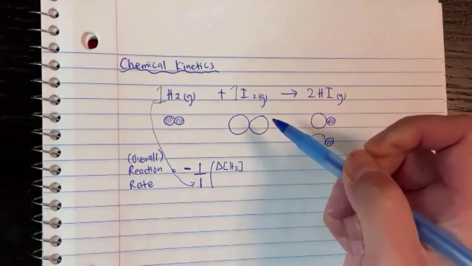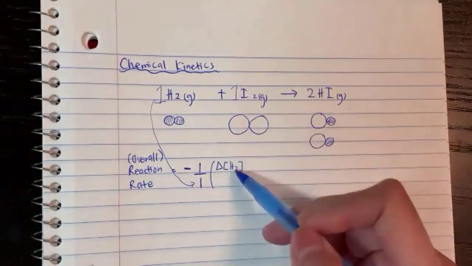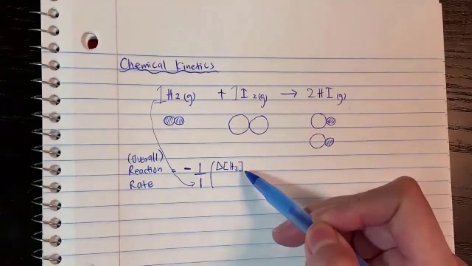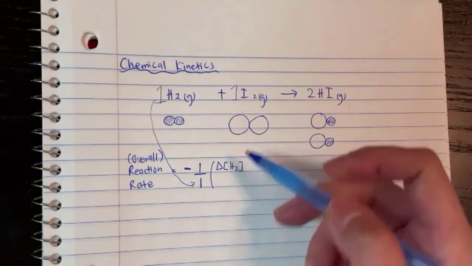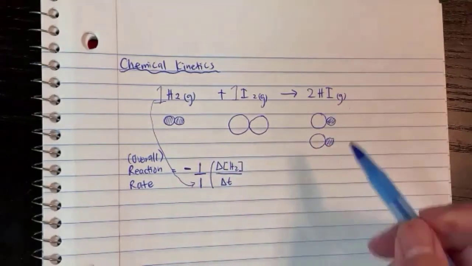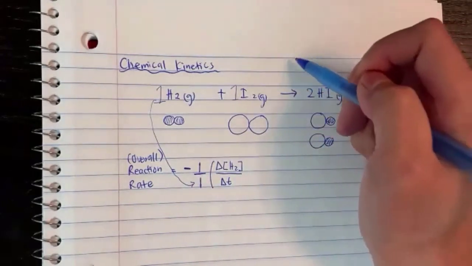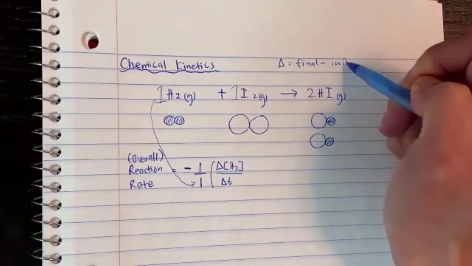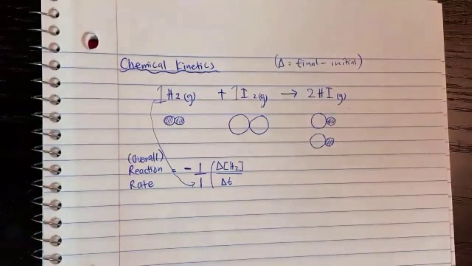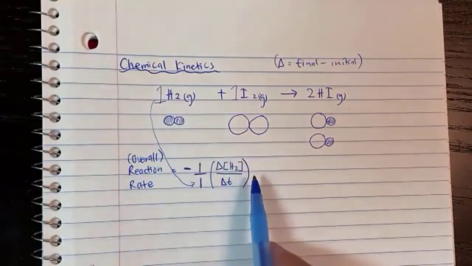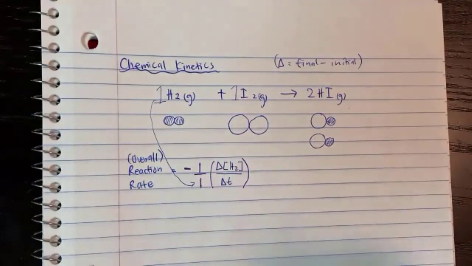So instead of writing all the words, when I use these brackets here, they symbolize molarity or concentration. And then delta T. Delta is change. Now remember, delta is final minus initial. So that's how you would represent that rate in a formula, because we don't have numbers. In the next question, we'll put numbers in.